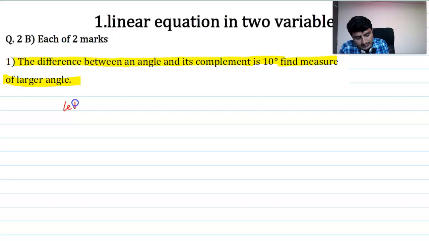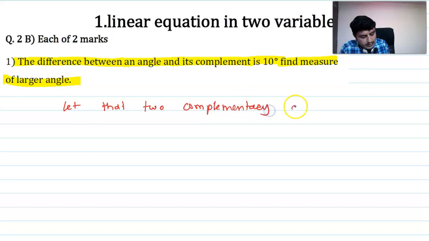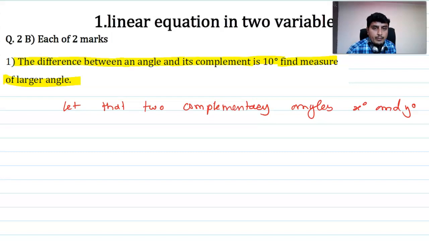So let us assume the 2 complementary angles are x degrees and y degrees. Since they are complementary angles, what is meant by a complementary angle exactly?